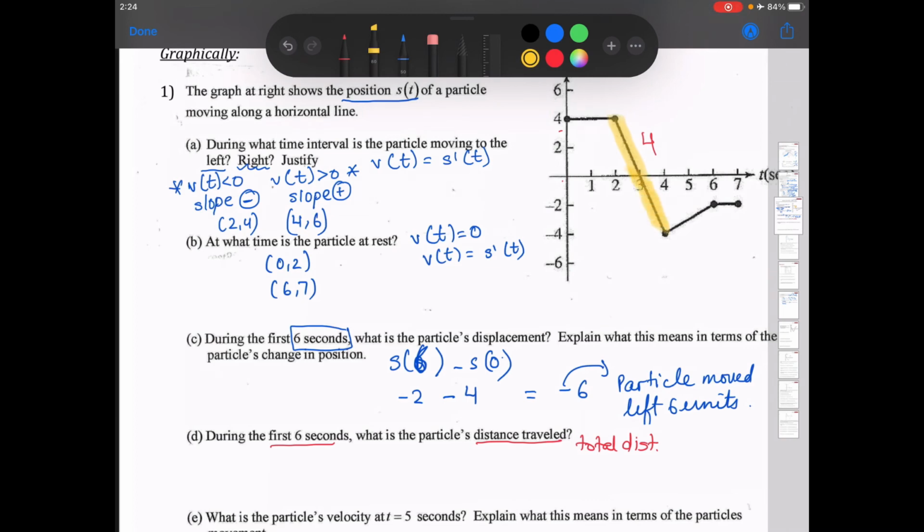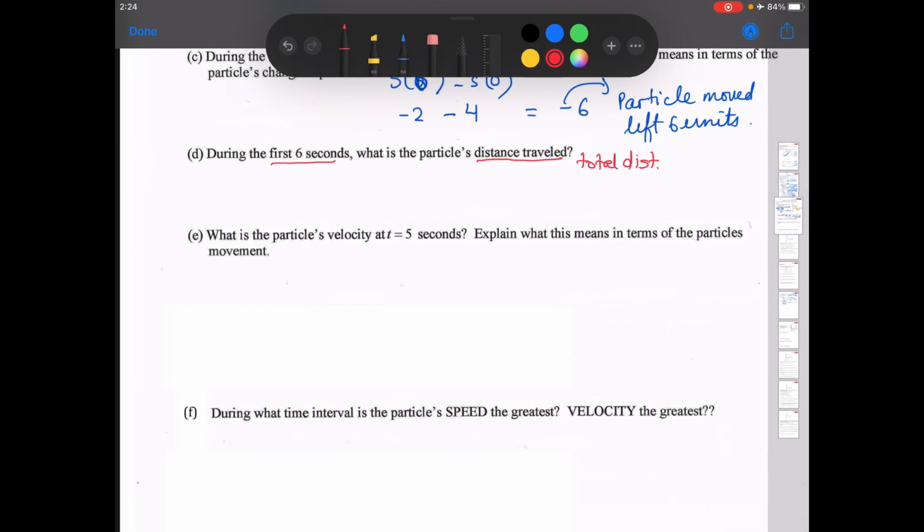And then from 4 to 6, that is another 2 units. So a total of how much did we travel? It's a sum of these. So it's 4 plus 4 plus 2, which is 10 inches.